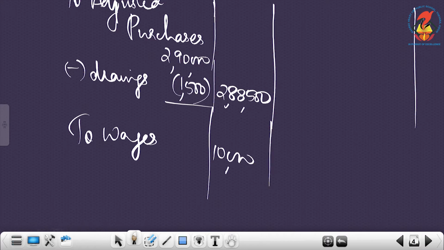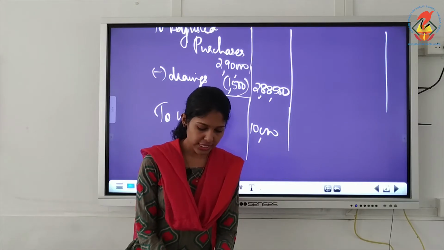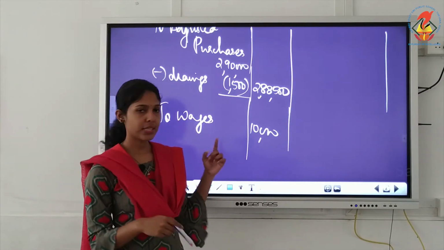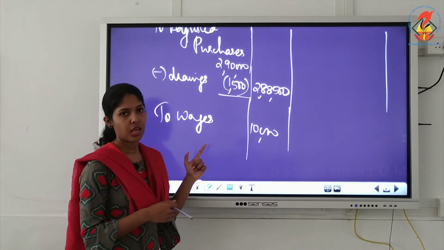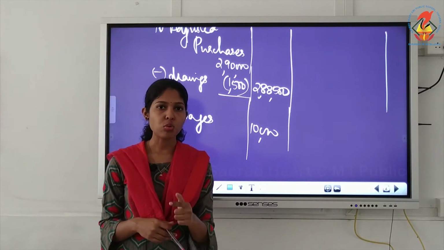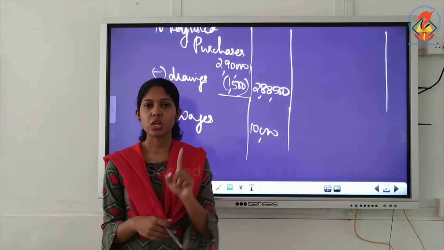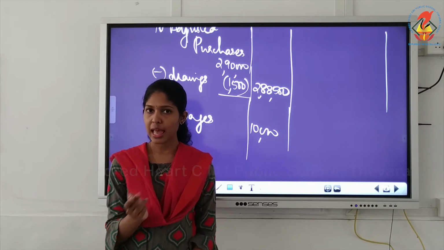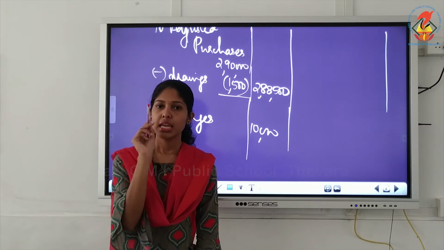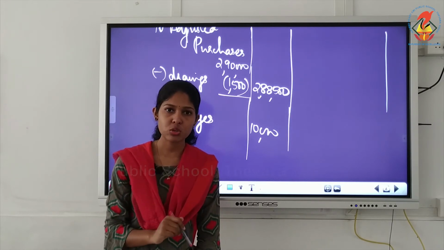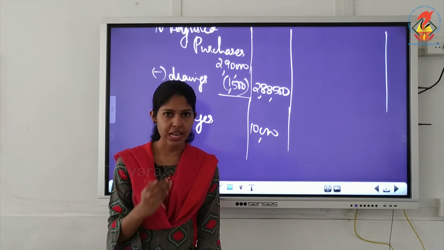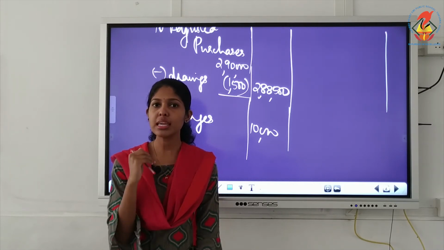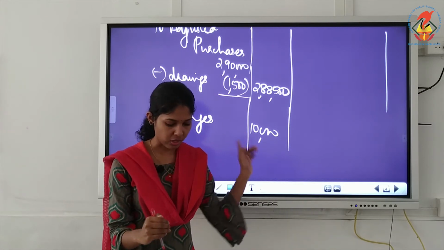Other than this, did you see one item like wages outstanding? Wages usually will be written here on the debit side of trading, and if there is outstanding wages, you will add it here. But in this question, wages outstanding will not be taken here because it is not an adjustment. Wages outstanding is written inside the trial balance. It is not an adjustment. Now, where will you record this item? See the basic nature. Basic nature is a current liability. So, you have to take it only to the balance sheet. Okay, nothing to be recorded here.